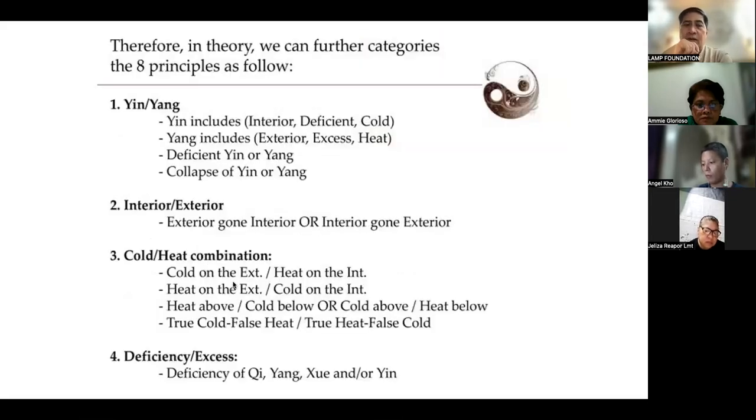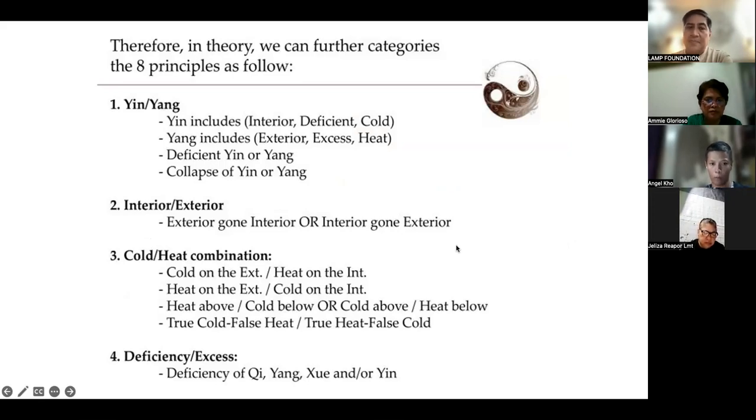So in history, we can further categorize the 8 principles as follows. Okay? So ito yung 8 principles. Actually, 4 lang po yan. No? Yin, kinukumpara kay yang, interior, exterior, cold, heat, deficiency, excess.